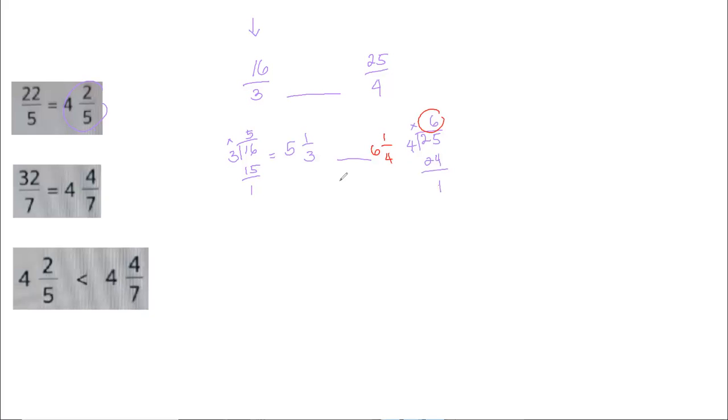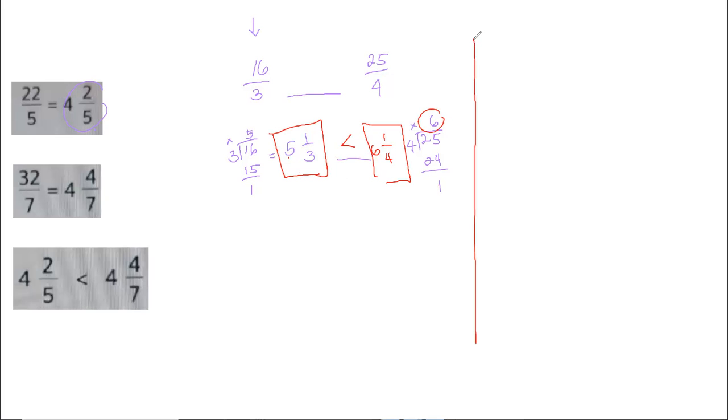In this case, you are comparing this and that, right? Your whole numbers are different, 5 and 6. So you know that 5 is less than 6. Right away, you can say that 16 over 3 is less than 25 over 4.